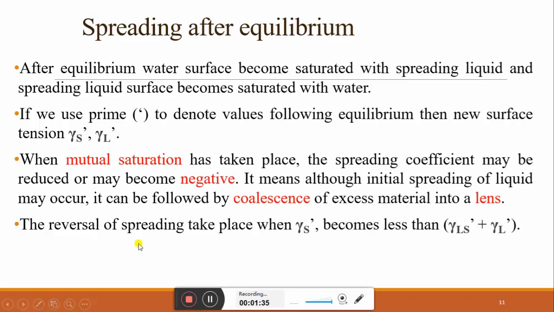That is called the reversal of spreading, when the surface tension of the sublayer of liquid reduces and becomes less in comparison to the surface tension of the spreading liquid and the interfacial tension of the sublayer liquid and spreading liquid.